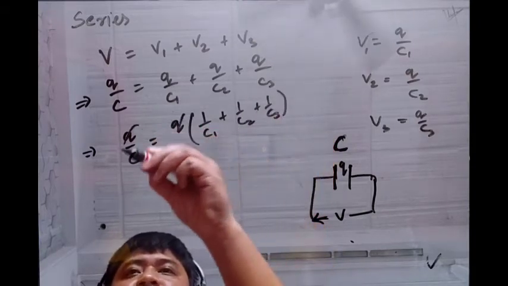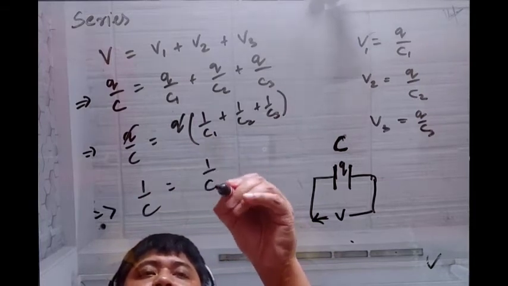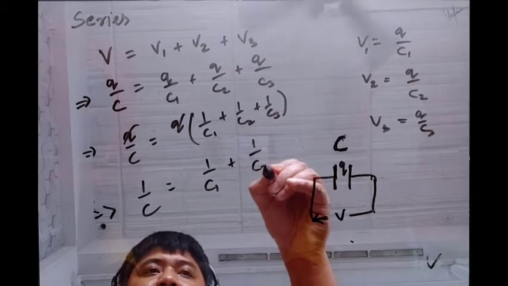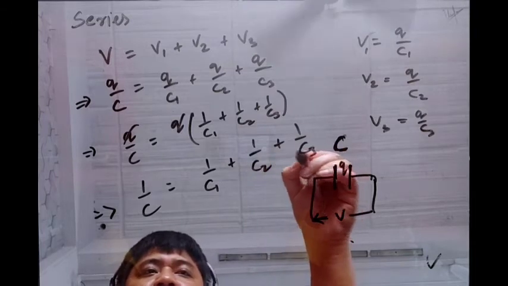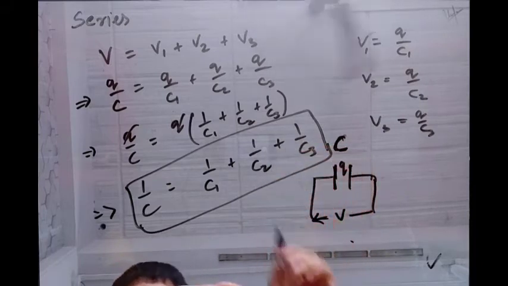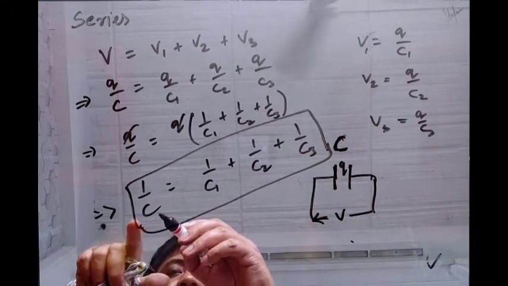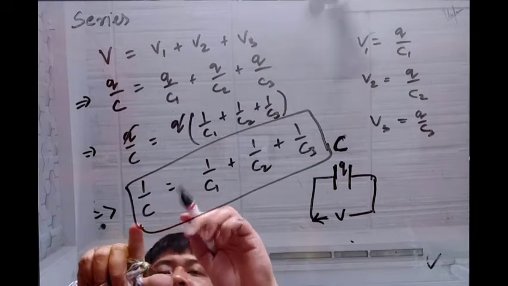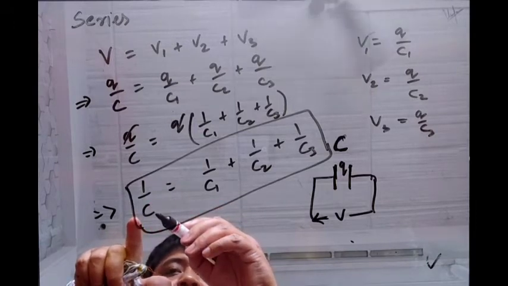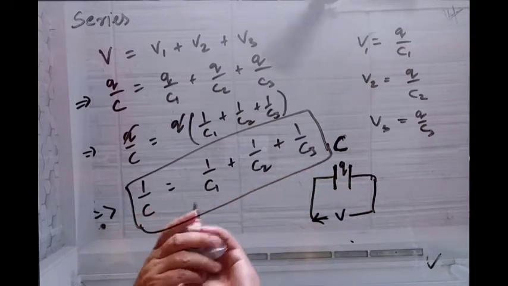We have 1 by C equals 1 by C1 plus 1 by C2 plus 1 by C3. That is for three capacitors in series. This gives the expression of effective capacitance of the three capacitors connected in series.